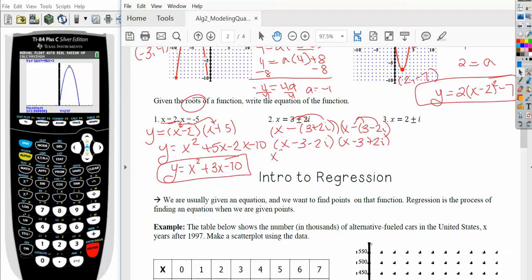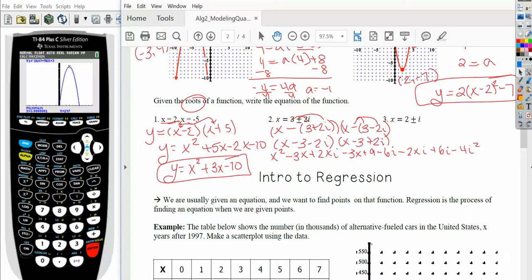So I have x squared minus 3x plus 2xi minus 3x plus 9 minus 6i. And then I have minus 2xi plus 6i minus 4i squared.